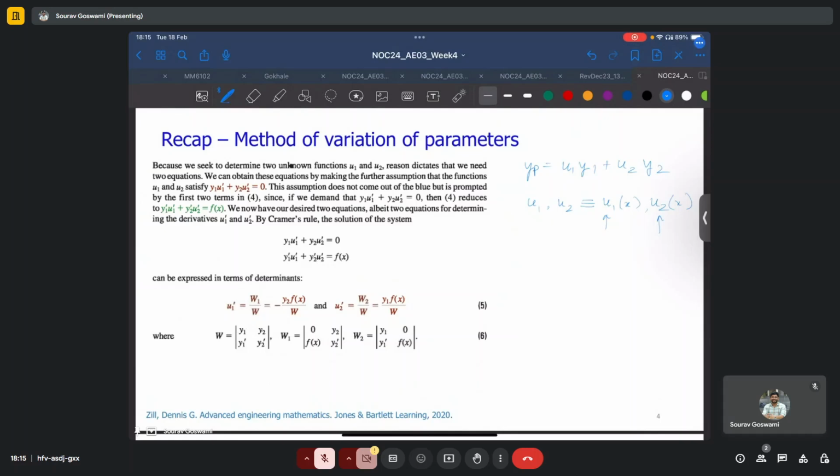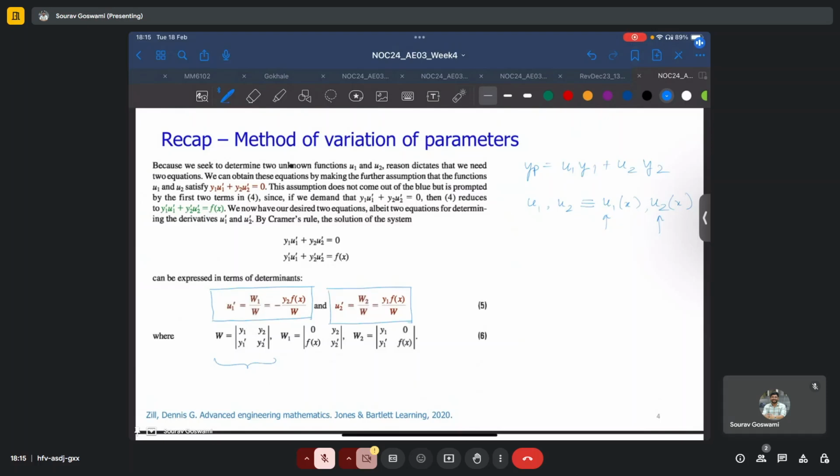We can obtain their derivatives from these two Wronskians. So u1' is equal to W1 by W, and u2' equals W2 by W, and what each of these Wronskians are is also outlined here. W is the Wronskian of y1, y1' and y2, y2', and as we remember from our previous week's discussion, the Wronskian is analogous to a determinant.